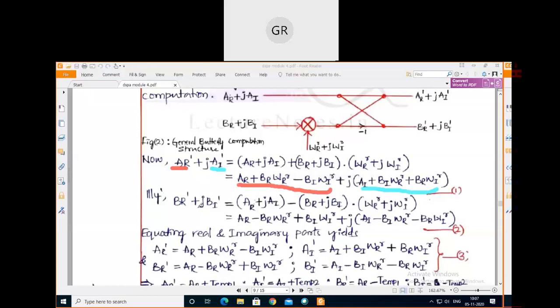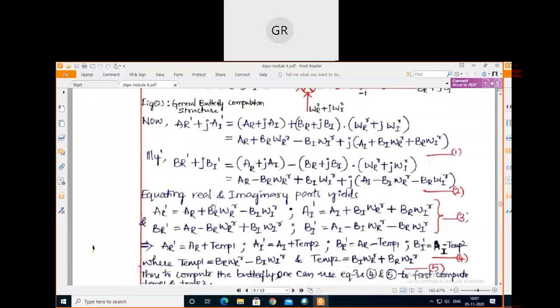Similarly, BR' is equal to this real term and BI' is equal to this term. Equating real and imaginary parts, we get AR', AI', BR', and BI'.